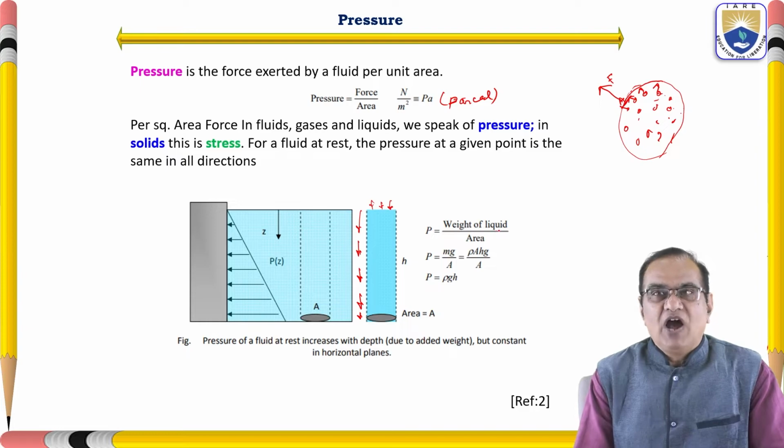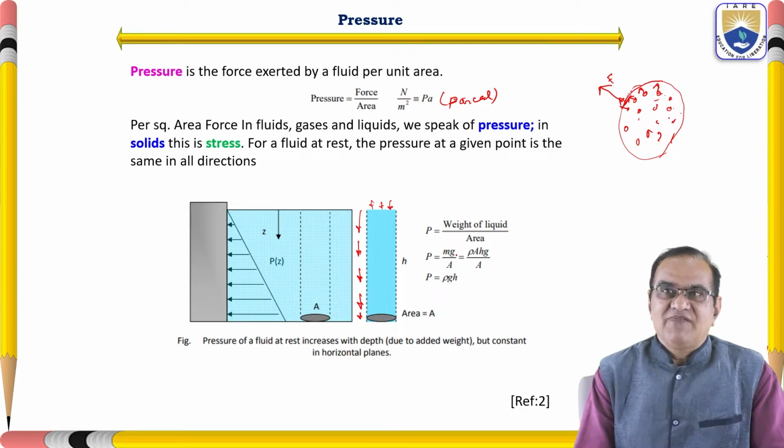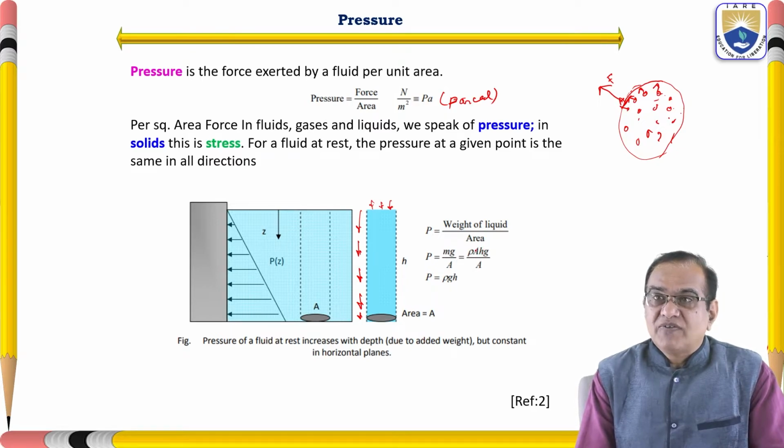How can you find the weight of the liquid? It is m times g, mass into gravitational acceleration, divided by area. But we know the mass: mass is rho A H, density into volume, where A is area and H is height. So density into volume into g by A, and this A and this A cancel.